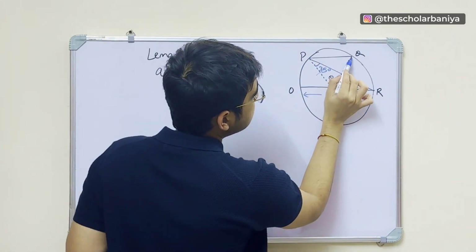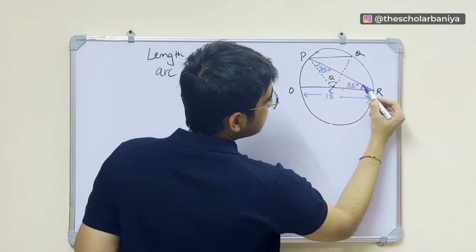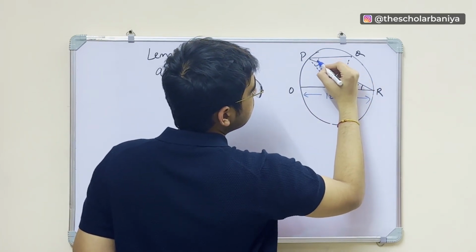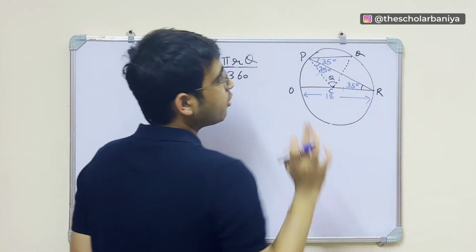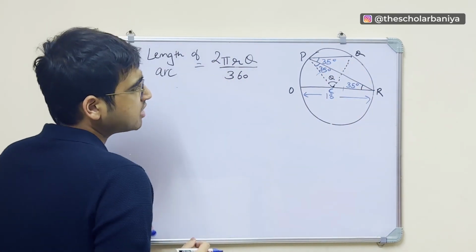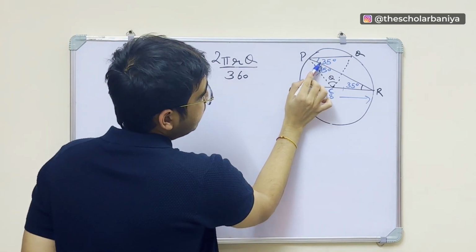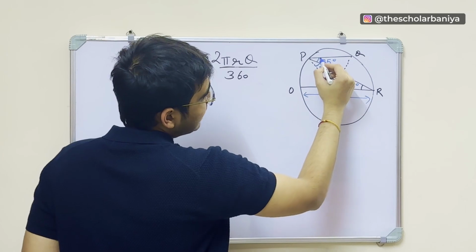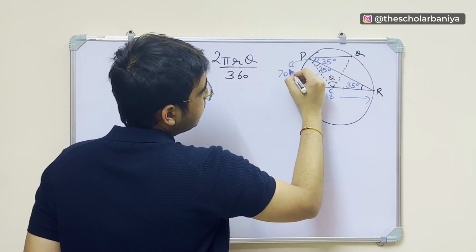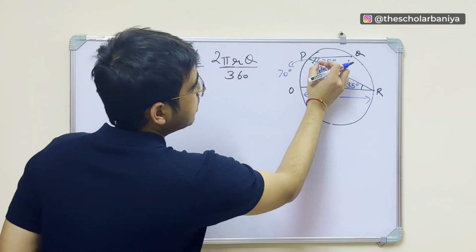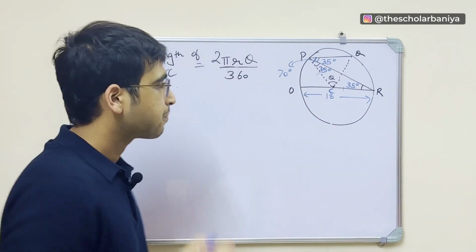So you can see this is a z, so this angle will be equal to this angle, which is how much? 35. Because this is 35, so this will also be 35, right? I hope this makes sense. Now tell me one more thing. This is 35, this is 35, so this entire angle becomes how much? 70 degrees, right?